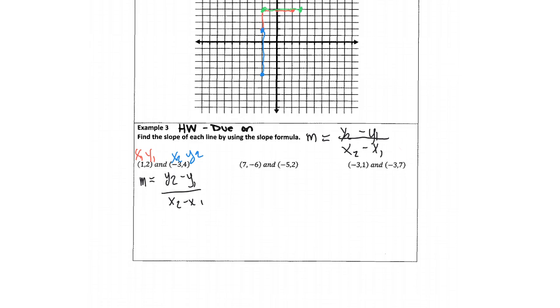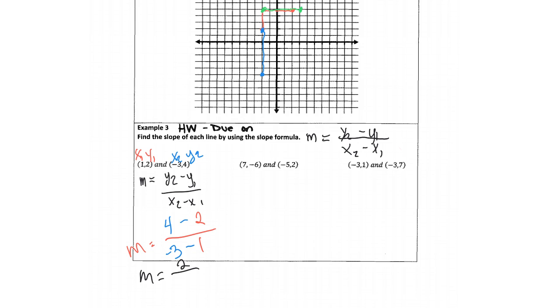Now that I've identified these, I put them right into the formula, m equals y2 minus y1 over x2 minus x1. So I'm going to place my y2 in there, so it's 4, minus my y1, which was 2, all over my -3 minus 1. And now I can simplify that. What is 4 minus 2? It's 2.